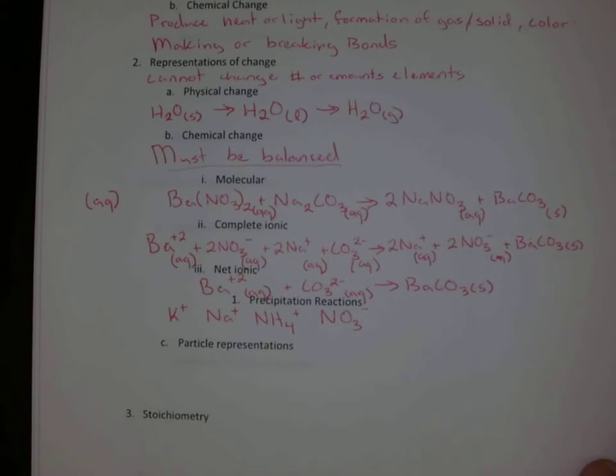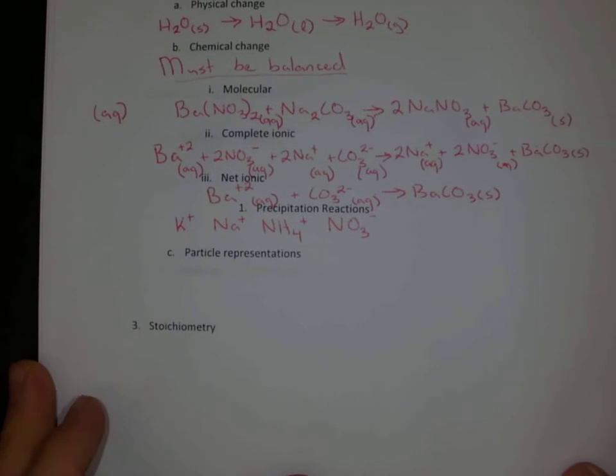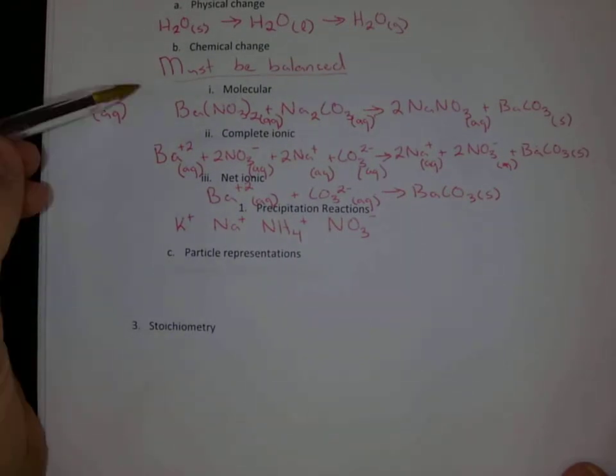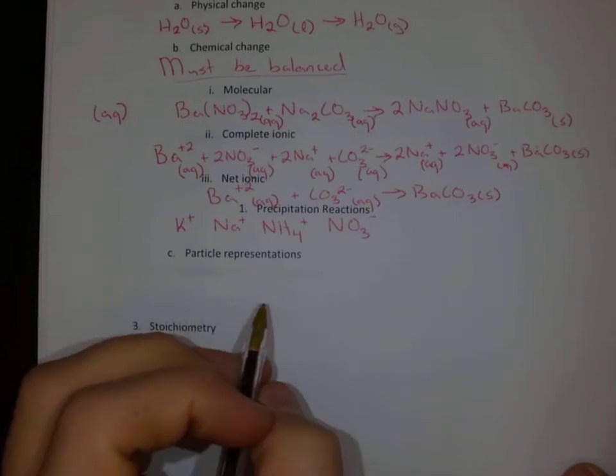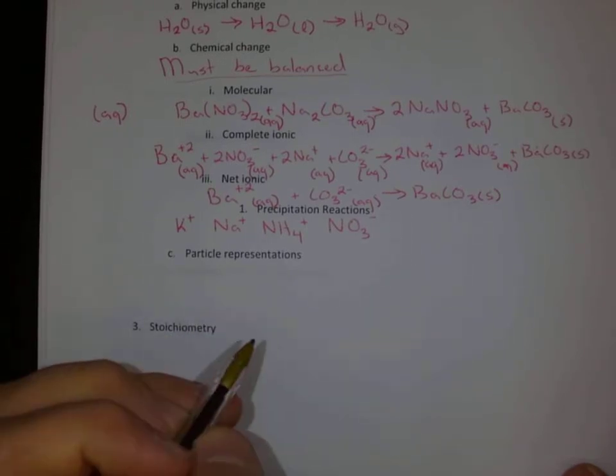Okay, so let's also talk about particle representations real quick here. We've done each of our representations with our formulas, but with particle representations, we would want to represent a solid, a liquid, or a gas.